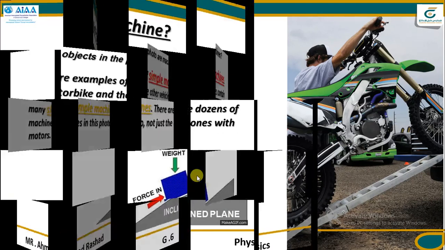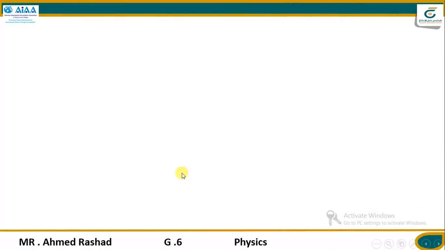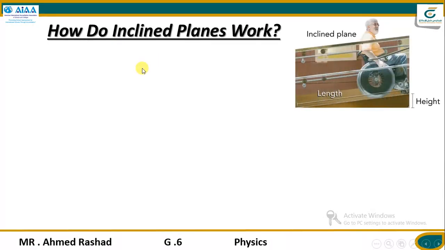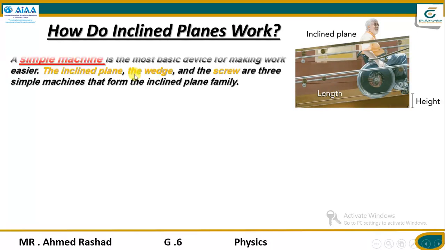Now you can go into the points. Number one in our lesson today, how do inclined planes work? Actually, what is the meaning of inclined planes, or especially simple machine? A simple machine is the most basic device for making work easier, which we talked about in the last lesson about the function of machines.